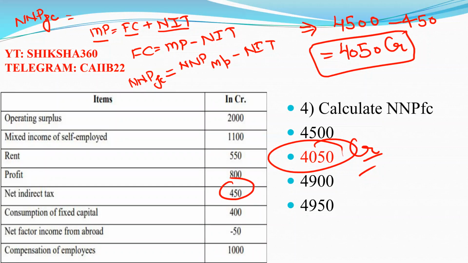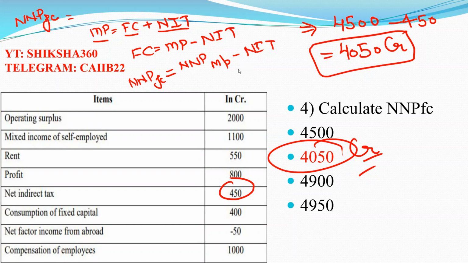I will check and tell you where you are facing any doubt. I think it is clear to all of you how we can calculate the net national product at the factor cost. Please ask if you have any doubt or query till now.